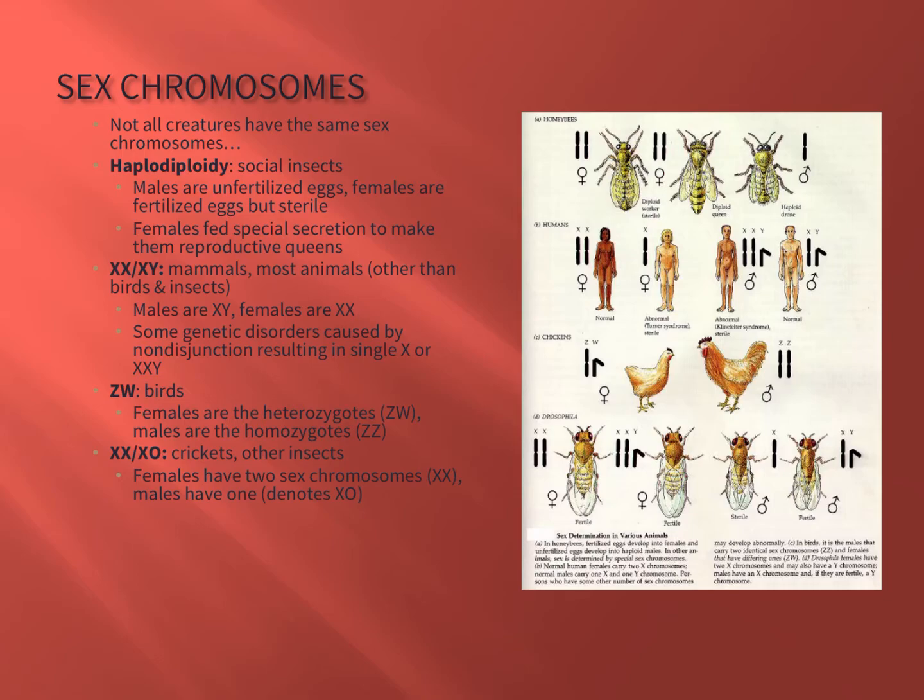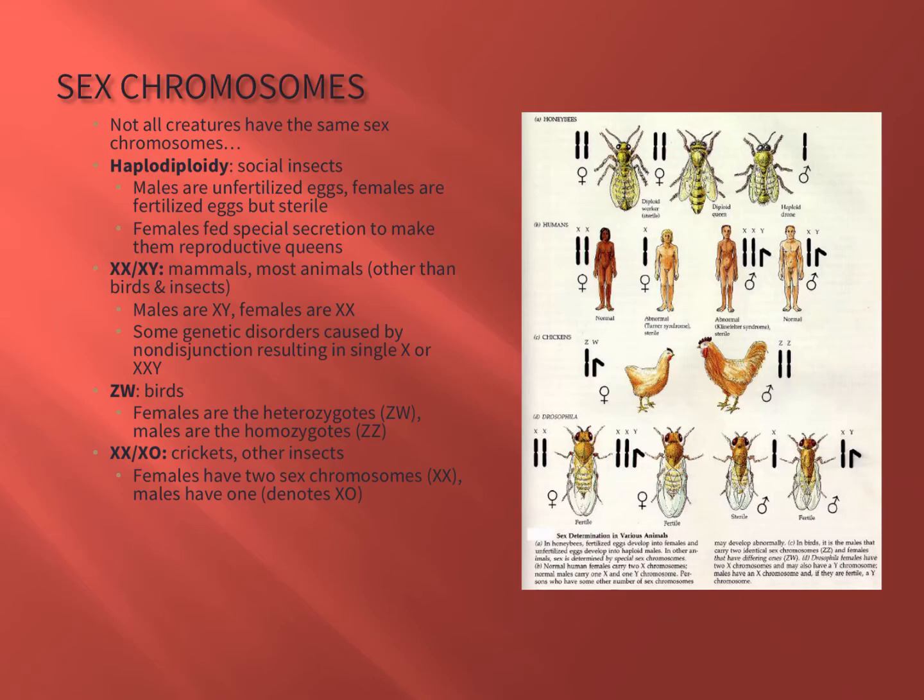Okay, so we're going to talk a little bit here about sex chromosomes, specifically in humans, but I did want to mention that not all creatures have the same sex chromosomes. If we look at honeybees, for example, they have what we call haplodiploidy. The queen bee has the ability to lay either fertilized or unfertilized eggs, and those unfertilized eggs can turn into males and contain half the genetic information and are perfectly fine, except that they are always males.